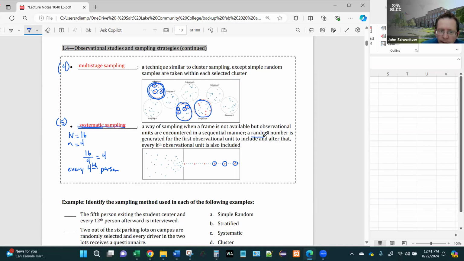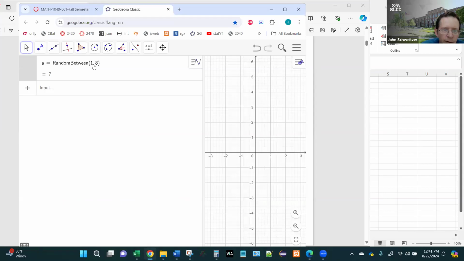We're going to use a random number to select our first person in the line. And then after that, we get every 4th person. We want the first person to be in the first 4 on the list. So I'm going to go back to the random number generator, and we're going to choose a number between 1 and 4.